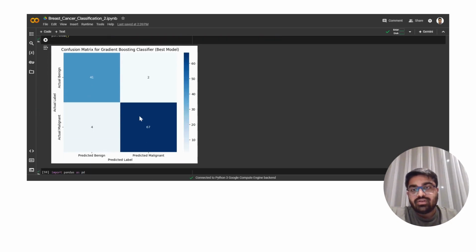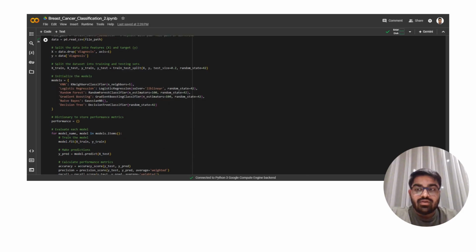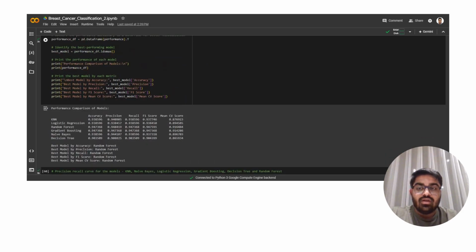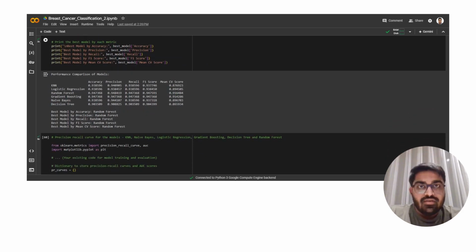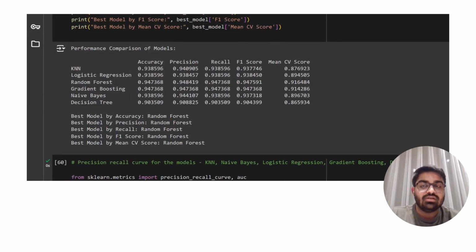We built the confusion matrix for it, and at the end, we wanted to compare every metric and come out with the best possible score, and rate the models. So these are the ratings for each model based on accuracy, precision, recall, F1 score, and mean CV score.